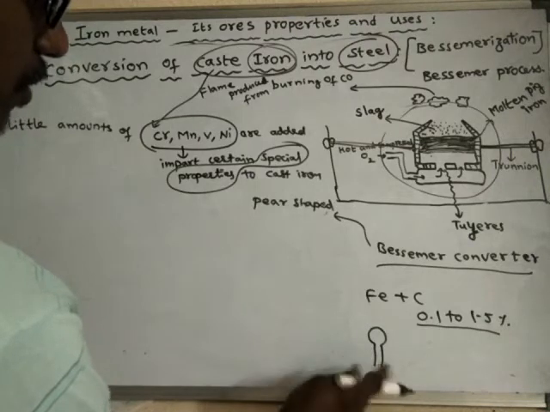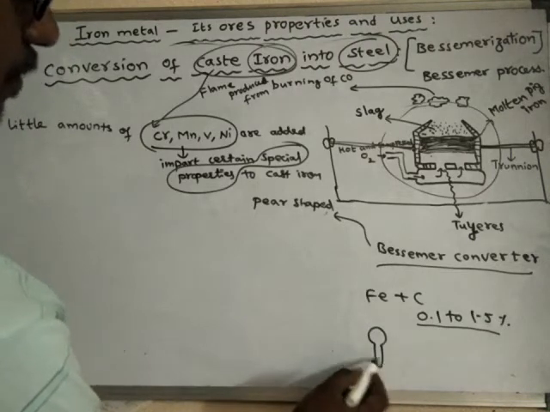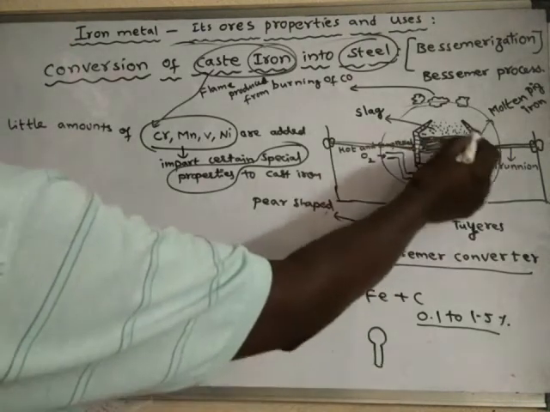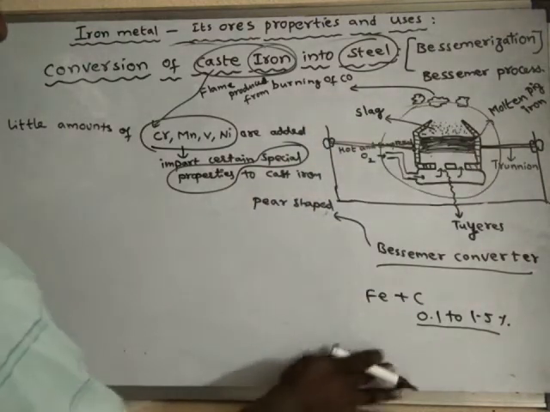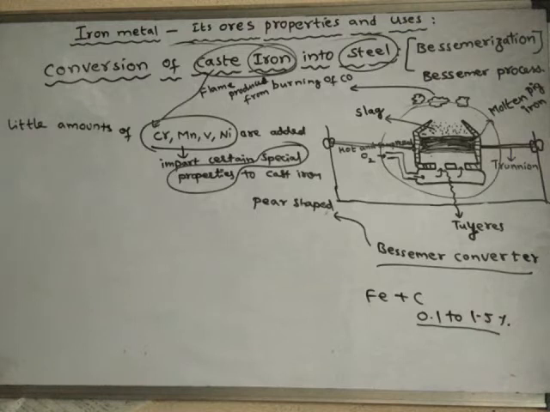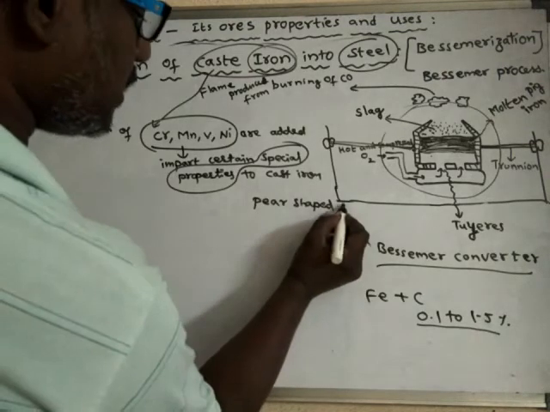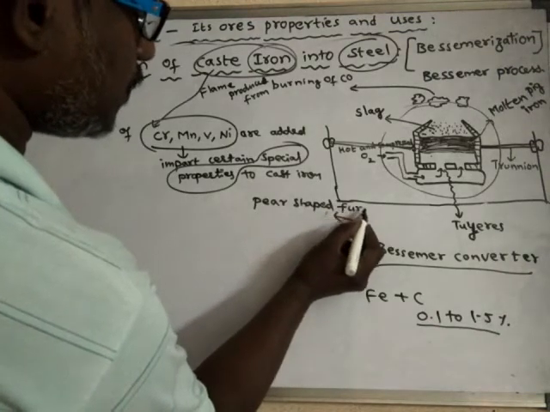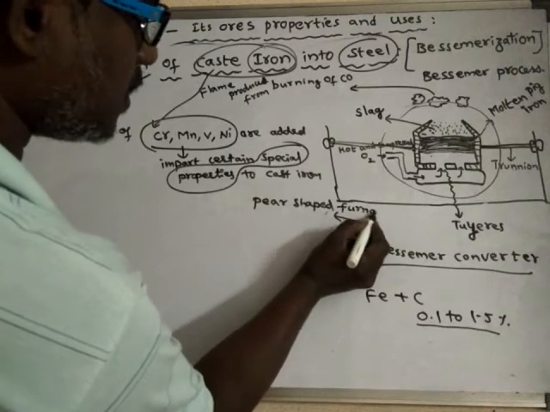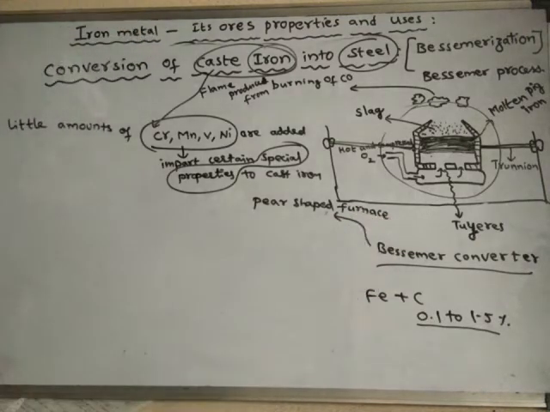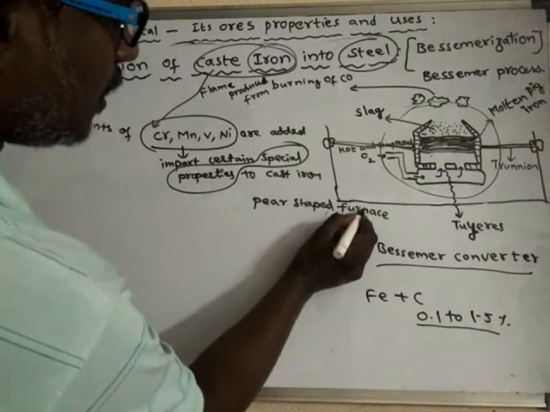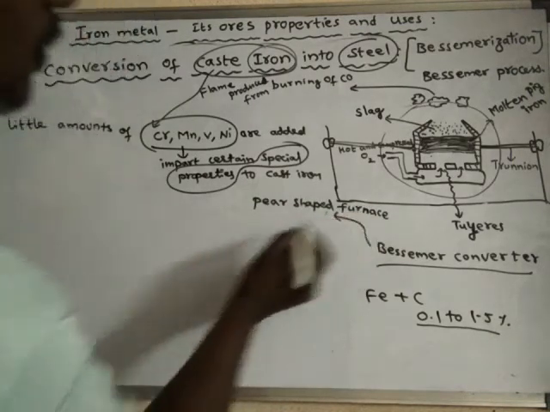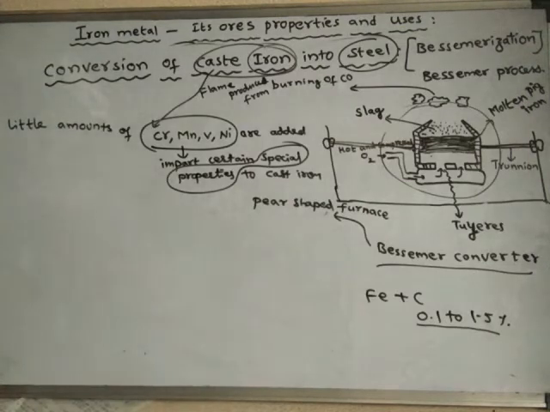Generally it is said to be a pear-shaped furnace. What is the meaning of furnace? A furnace is a structure where higher temperatures are created, or a large amount of heat is produced.